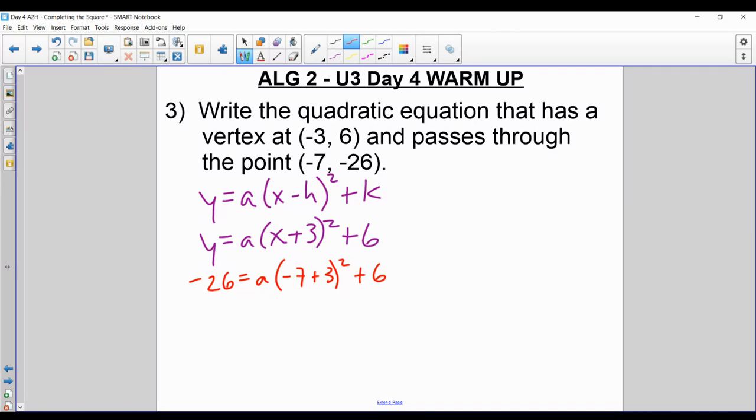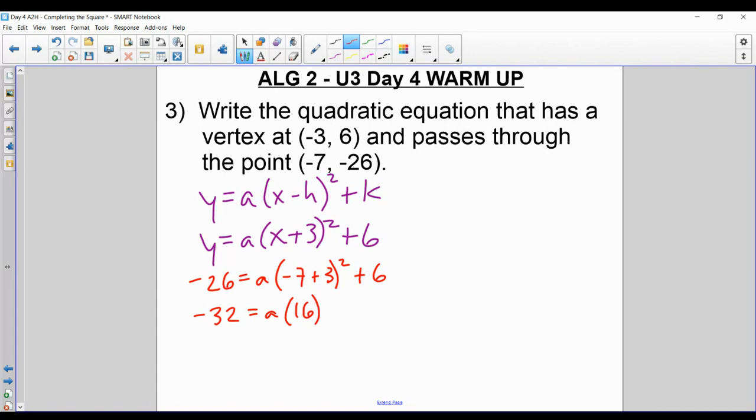All right, so we're going to subtract the 6. So I have -32 equals a times, and then I've got -7 plus 3, so (-4) squared, so I've got 16.